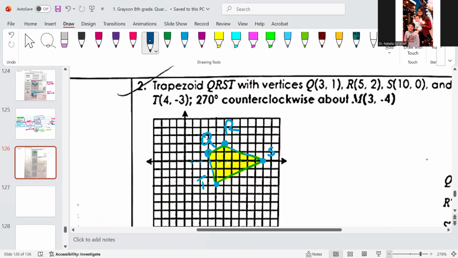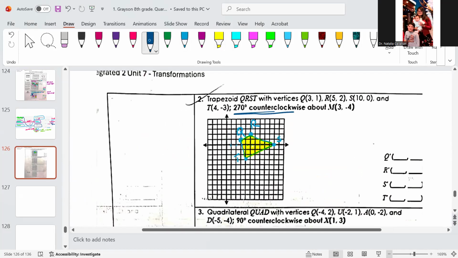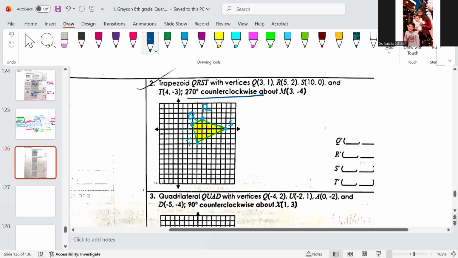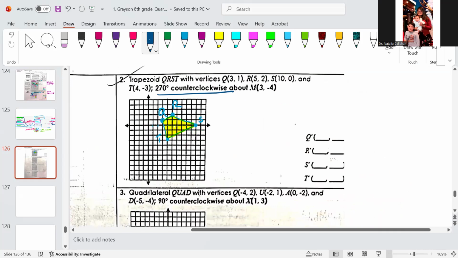So then if you look over here, what they want you to do is 270 counterclockwise about M, 3, -4. Hold on a second. This does not look right. Okay, I think I messed up the ones before because I think we need to add the numbers there too. That's what I originally did.